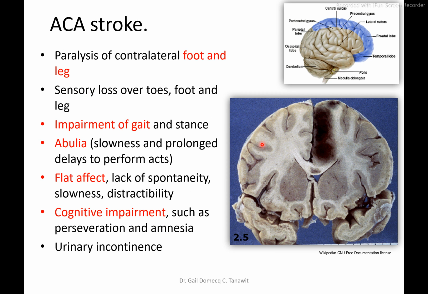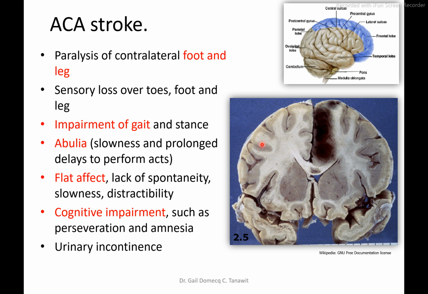If it's the ACA, anterior cerebral, paralysis of the contralateral foot and legs, kasi ito yung nakabitin dito. Foot and leg, dito yung face kasi. So pag middle cerebral, kamay, mukha. Pag anterior cerebral, yung nakabitin na paa.